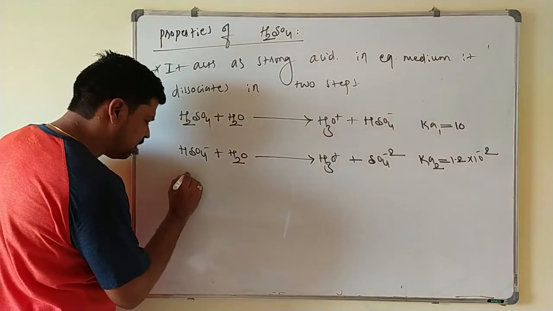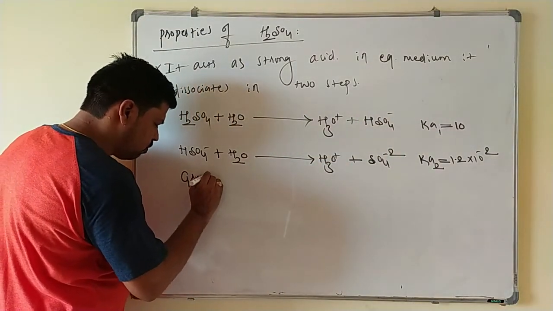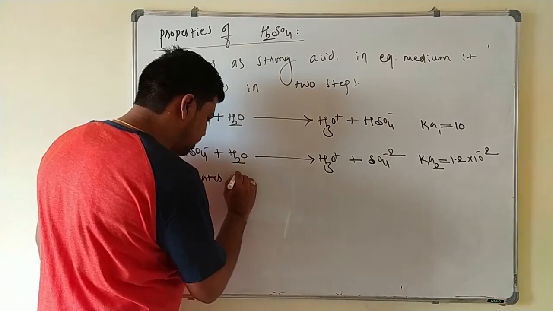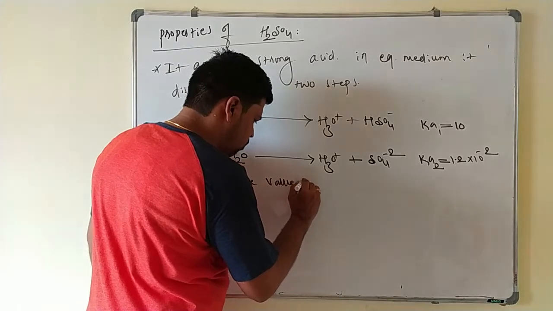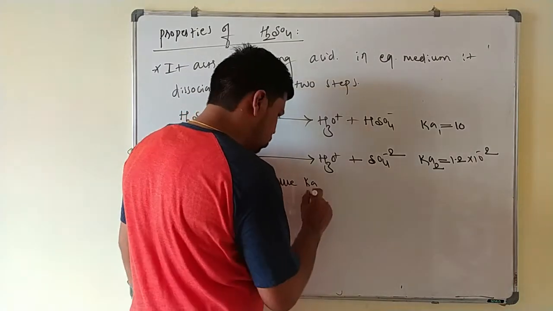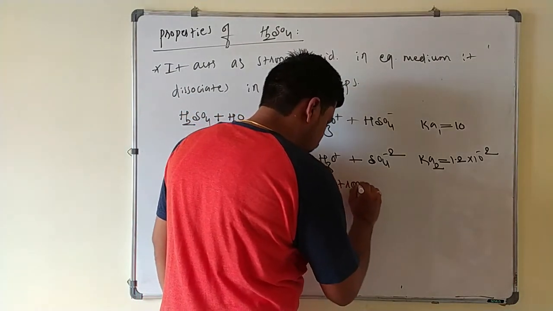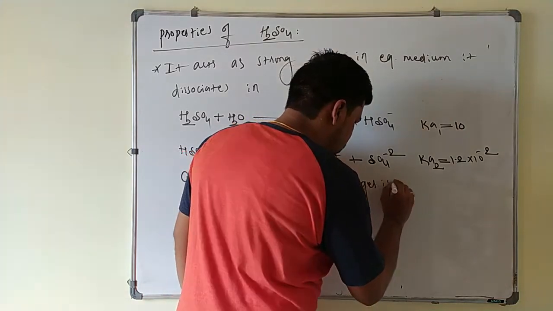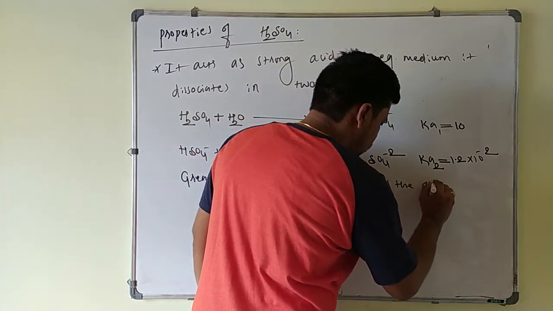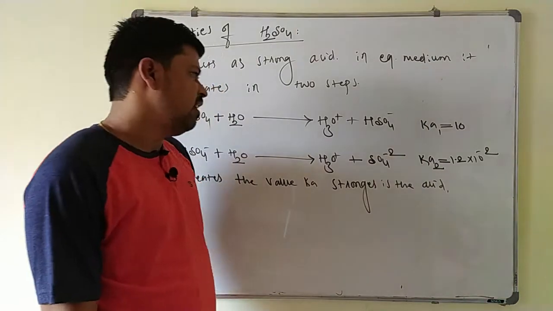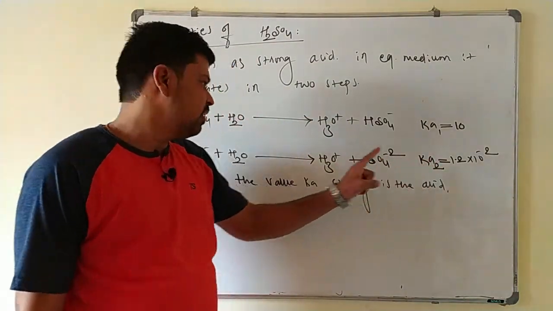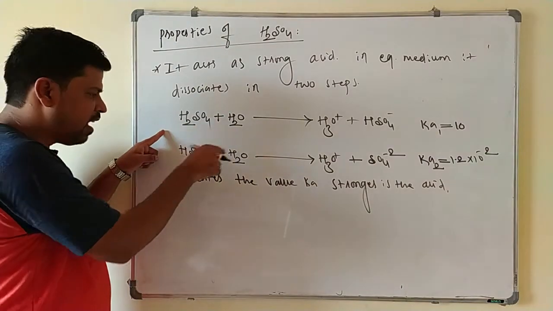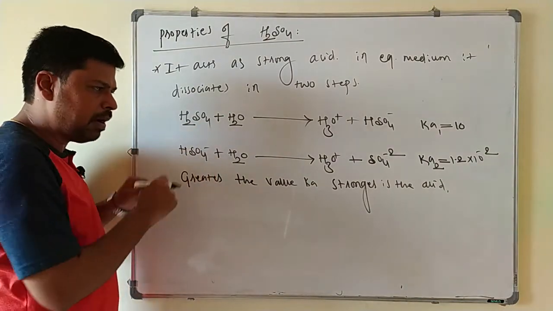I will write one point here: the greater the value of Ka, the stronger is the acid. See here, the Ka value for the first step is maximum compared to the second step. That's why H2SO4 is a stronger acid compared to the HSO4 minus ion.